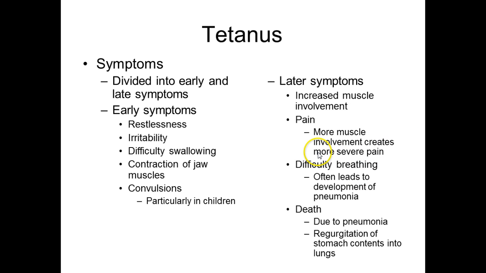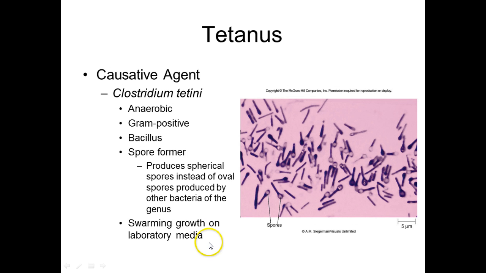Because of that, the lower intake of air can leave us predisposed to pneumonia. In fact, it's usually a secondary infection that gets people, due to pneumonia in the lungs and regurgitation of stomach contents up into your lungs. So it can be quite painful and horrific.